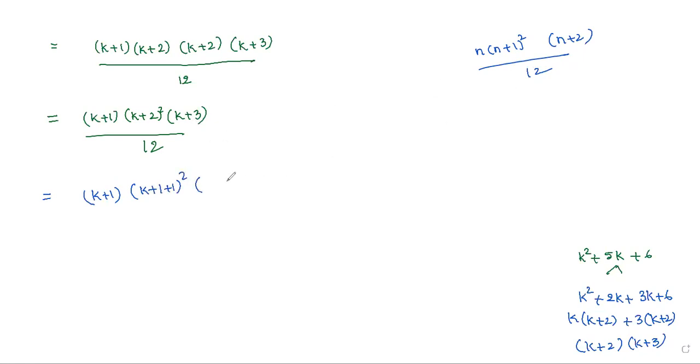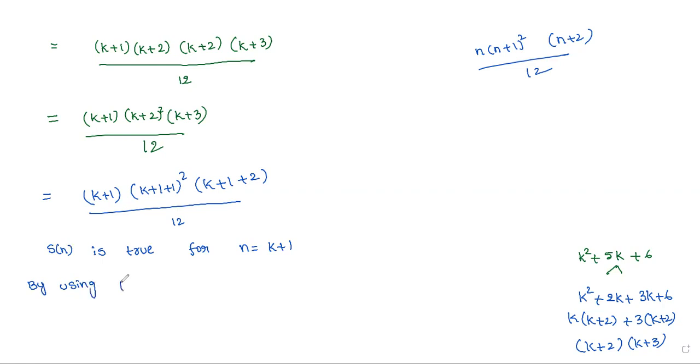Because n plus 2 means k plus 1 plus 2 by 12. Comparing, it is correct. So S of n is true for n equal to k plus 1 by using the principle of mathematical induction.